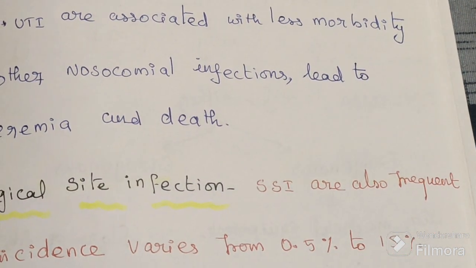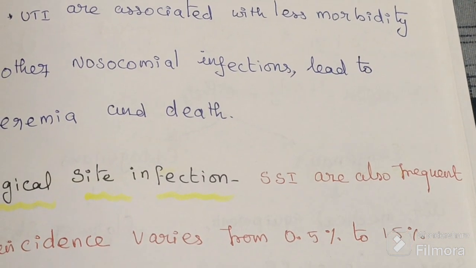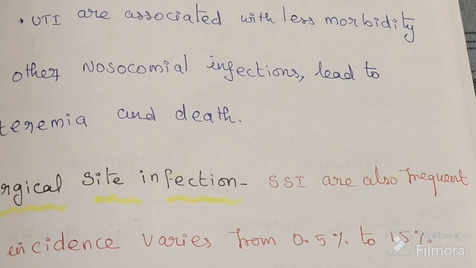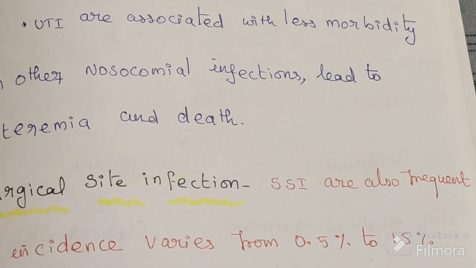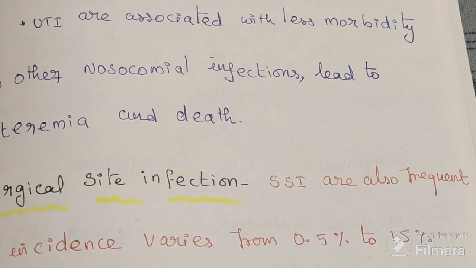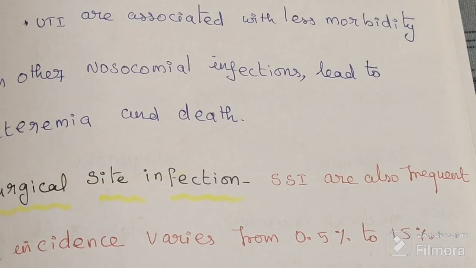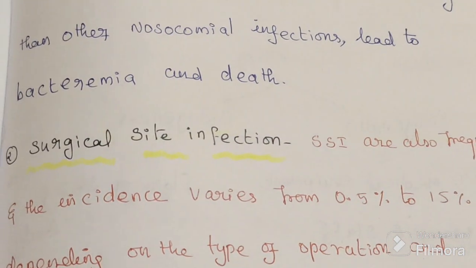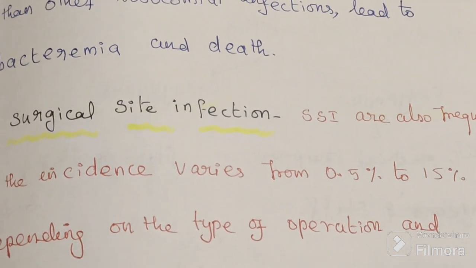The bacteria responsible for urinary tract infection arise from the gut flora, like Escherichia coli, or occur in hospital, like multi-drug resistant Klebsiella. The second one is surgical site infection.